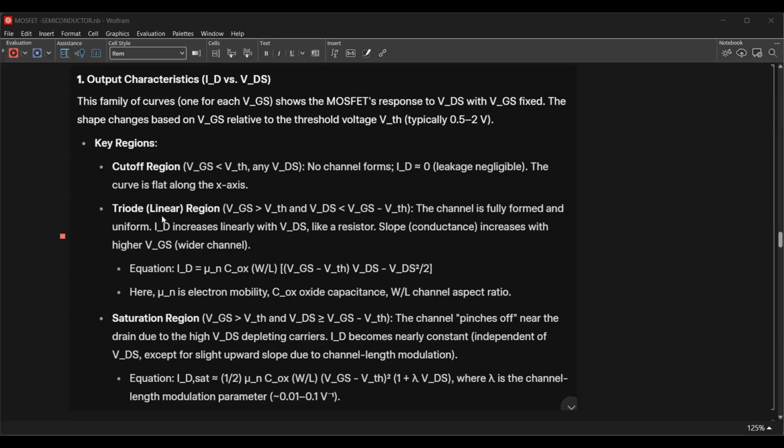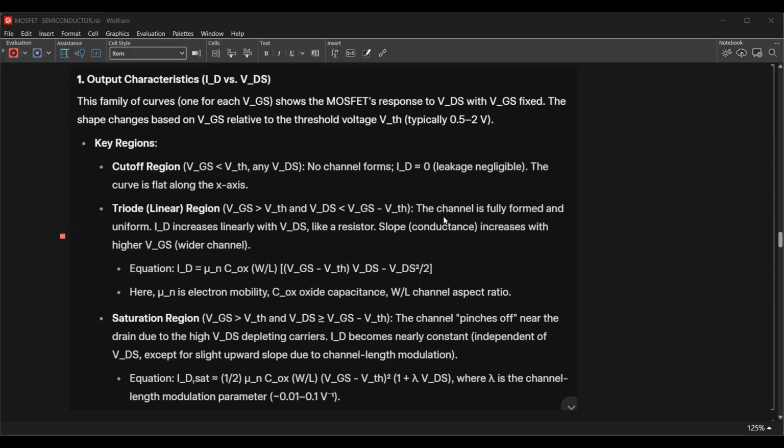So for the triode, the linear region, we have VGS greater than VTH. This is, the voltage between the gate and the source is greater than the threshold voltage, and the voltage between the drain and the source is less than the difference between VGS and VTH.